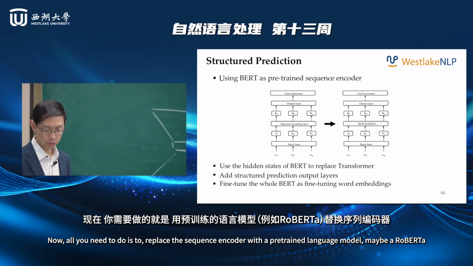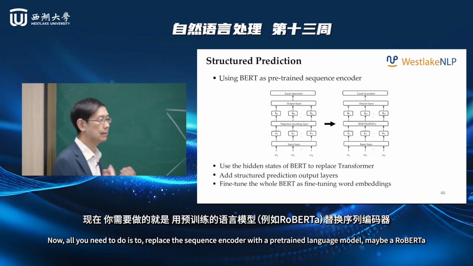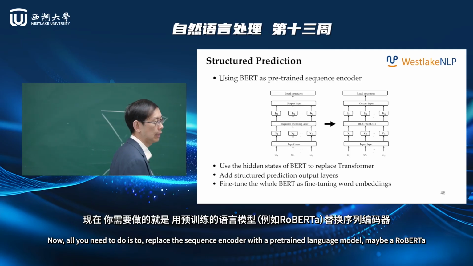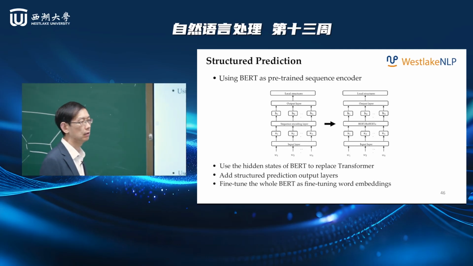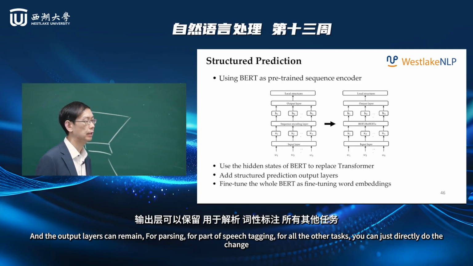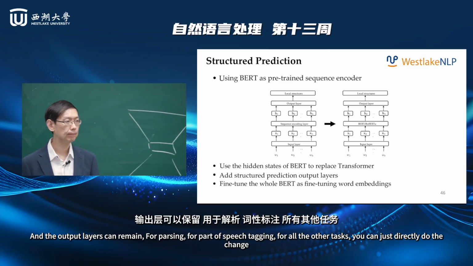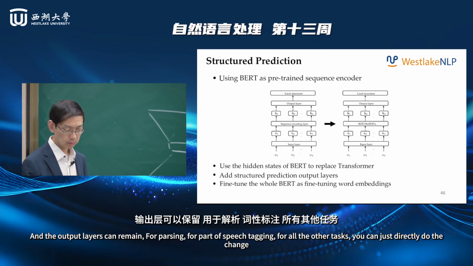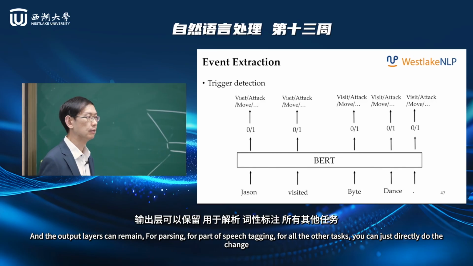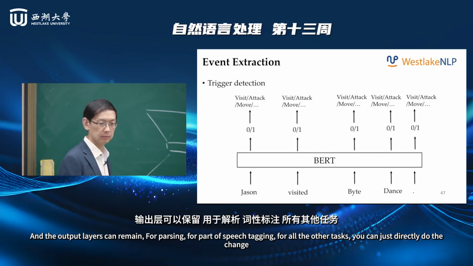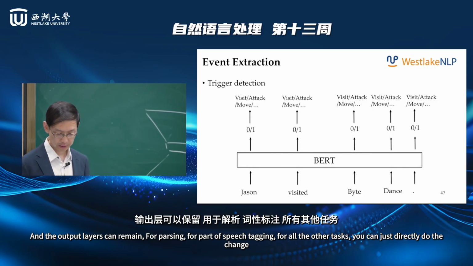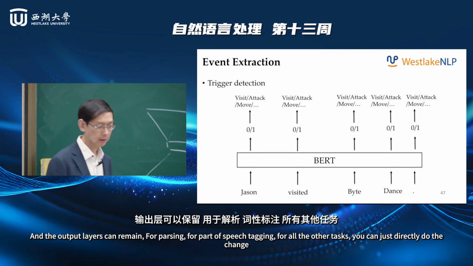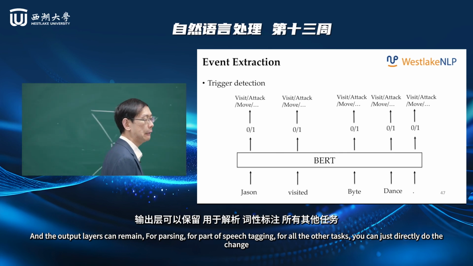Now, all you need to do is to replace the sequence encoder with a pre-trained language model, maybe RoBERTa, okay? And the output layers can remain. For parsing, for part of speech tagging, for all the other tasks, you can just directly do the change.